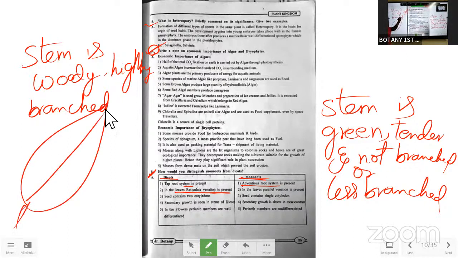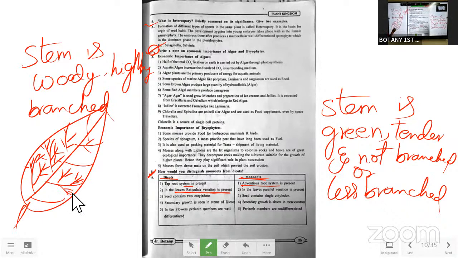The leaf has the midrib, veins, and the veins have veinlets that also branch. So whenever we see it, it looks like a net-like structure. Mosquito net, netted chunni, netted dress, like that. So it's highly branched, that is called the reticulate venation.